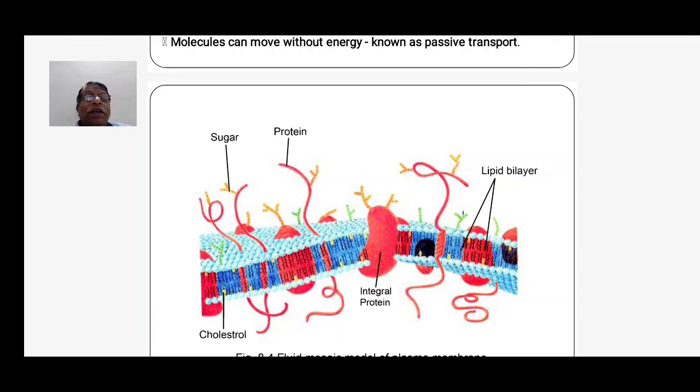Carbohydrate means sugar, it is labelled there. In addition to the bilayer lipid layer, we come across the protein and the carbohydrate or the sugar. Clearly visible.